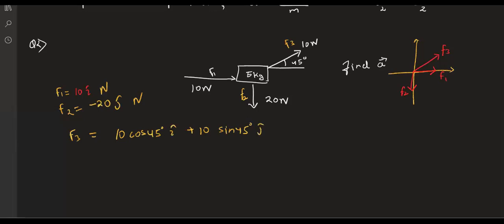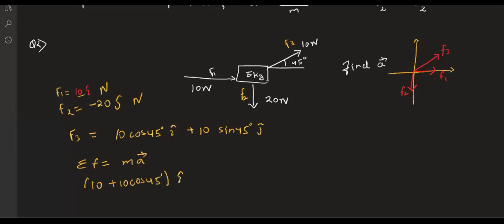And we know that summation of F is equal to ma, mass into acceleration. Summation of F means the sum of all the forces, so just add them. The x component: 10 plus 10 cos 45, this is your i cap.